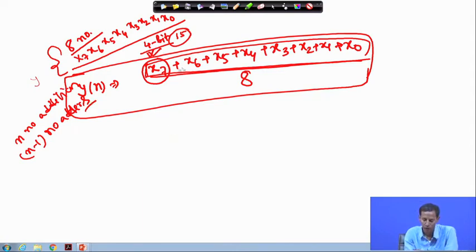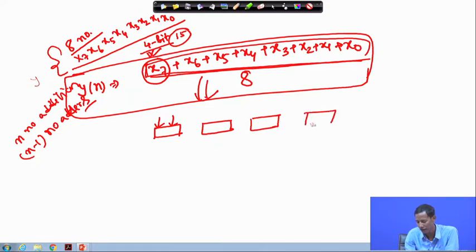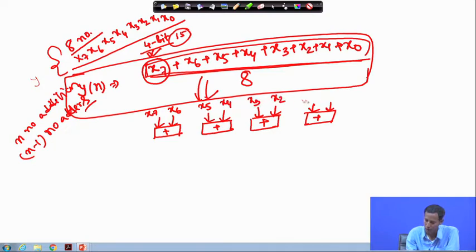Okay. So, how can I implement this? If I map it to the corresponding architecture, it will be something like this. At the first stage I need 4 adder blocks. So, the inputs will be x7, x6, x5, x4, x3, x2, x1 and x0.